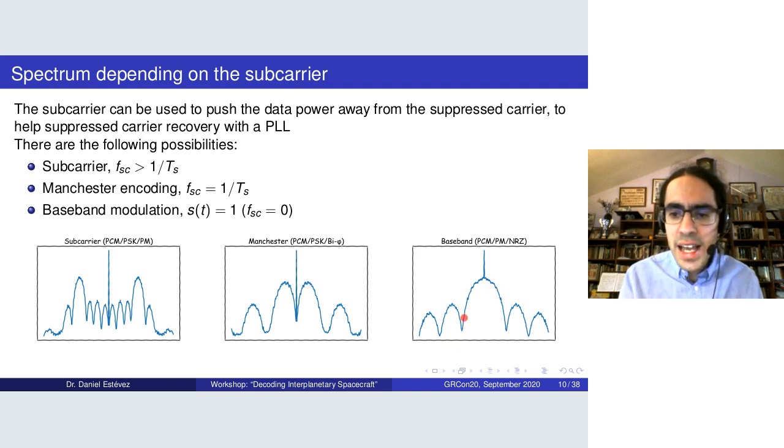The data is just on top of the carrier and it is interfering with it. So this is only used for high-speed signals where you don't want to use as much bandwidth as you need to separate using the subcarrier. In our case, we see that the spectrum we saw looks very much like this Manchester picture. So this is what we're dealing with.